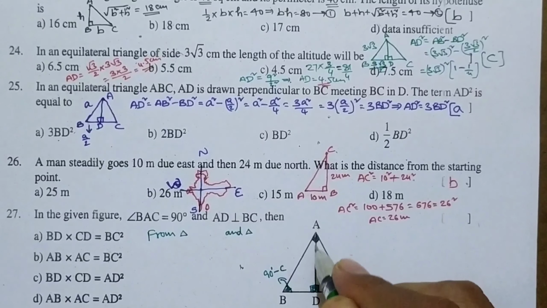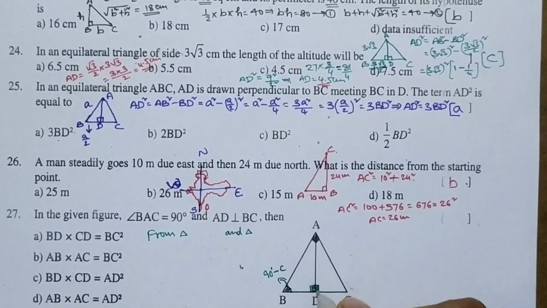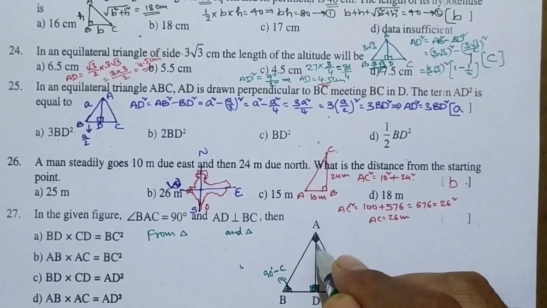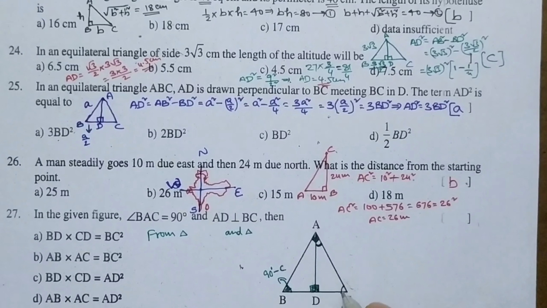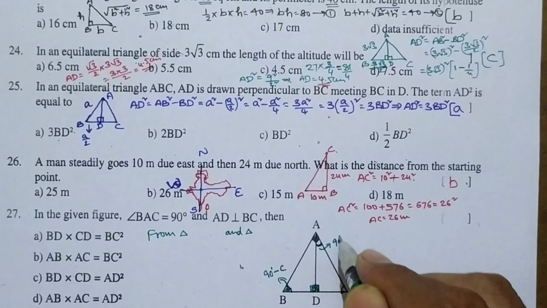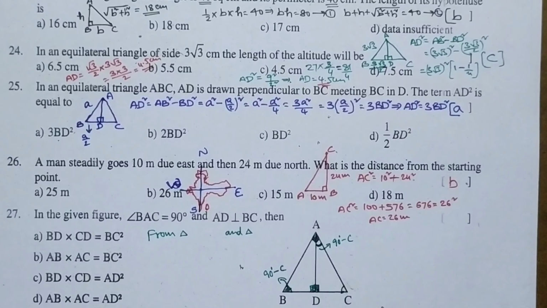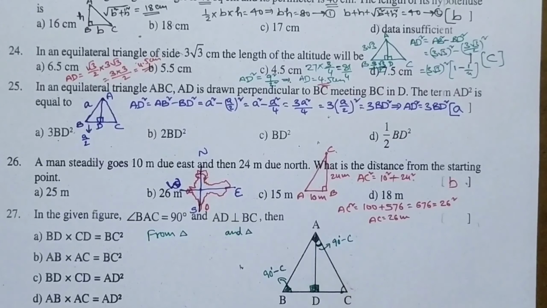Now let us take the triangle ADC. In this triangle ADC, angle D is already 90. So this angle, see only this portion, angle A plus angle C is 90, from which this can be taken as 90 minus C again. Is it clear?